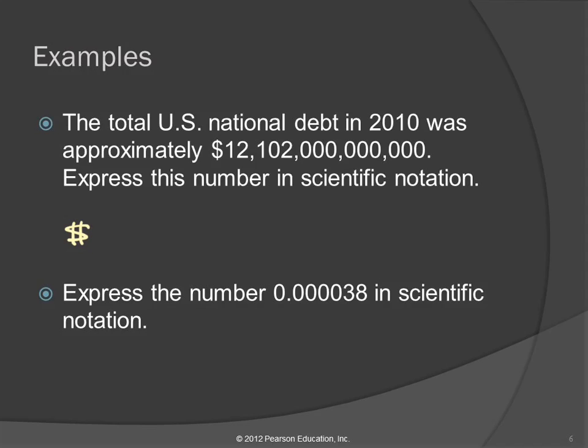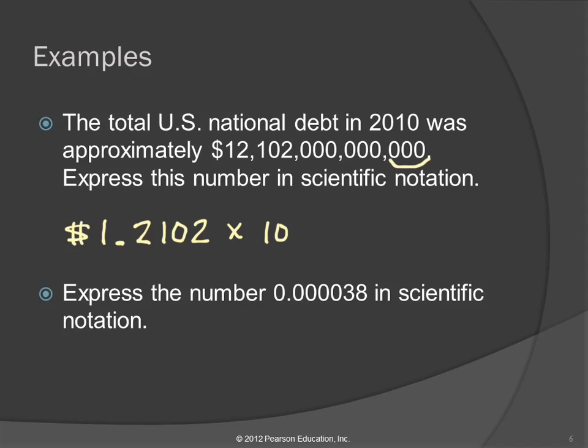So the dollar sign is the unit that comes first. 1, and we put the decimal point there. And then we write down these other non-zero digits, 2, 1, 0, 2. We'll learn what to do with those zeros later. For now, we're just going to ignore them. So that's our decimal part times 10. And then how many places did we move that?